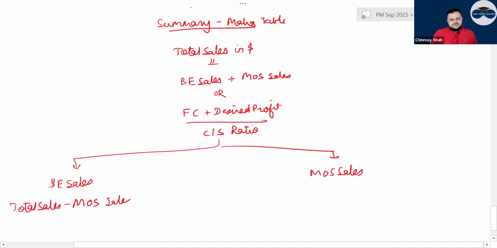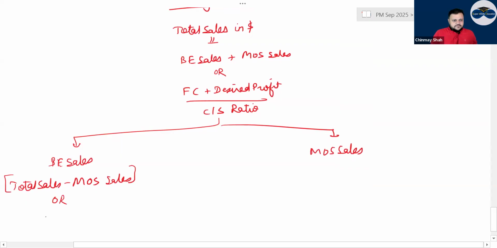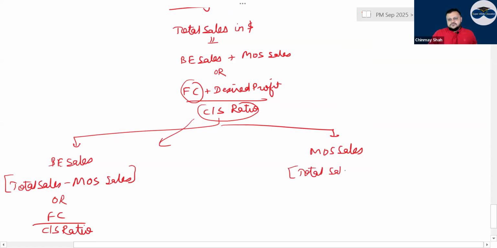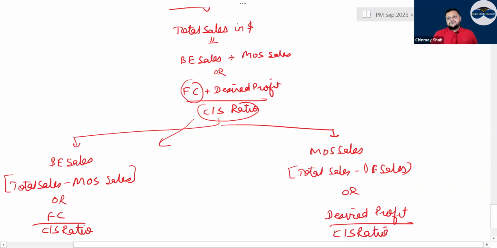Correct? Or you could do fixed cost divided by C/S ratio for BE sales, and then MOS sales is total minus BE sales. Or you could say desired profit by C/S ratio. Make sense or does not make sense?